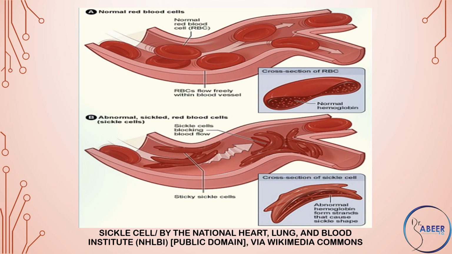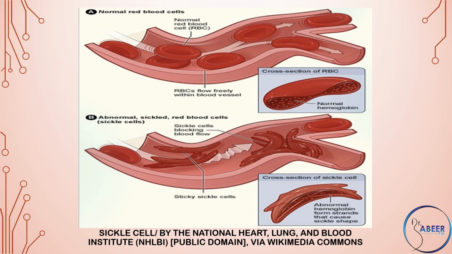The term SCD includes sickle cell anemia and the heterozygous conditions of hemoglobin S and other clinically abnormal hemoglobins. These include combination with hemoglobin C, combination with beta thalassemia, and combination with hemoglobin D, E, or O Arab.